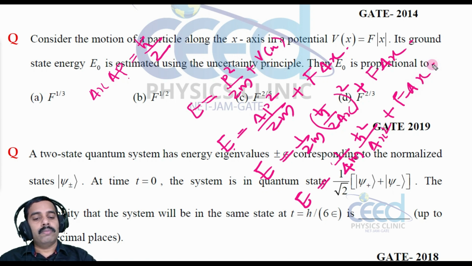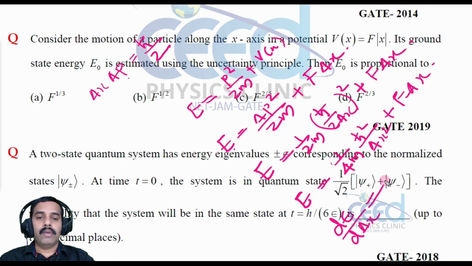Now we can find the differential of this, dou E by dou delta x. I am finding this energy variation, which should be 0 for the minimum energy. So that is equal to 1 by 4m into h cross square, and on differentiation, minus 2 divided by delta x whole cube, and here it is plus f.